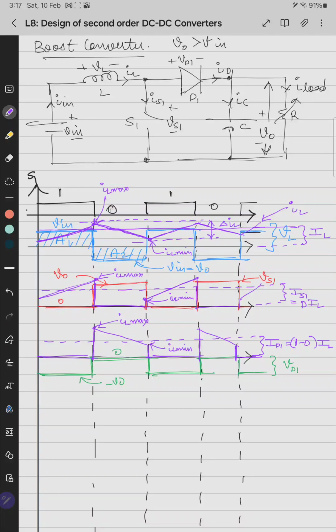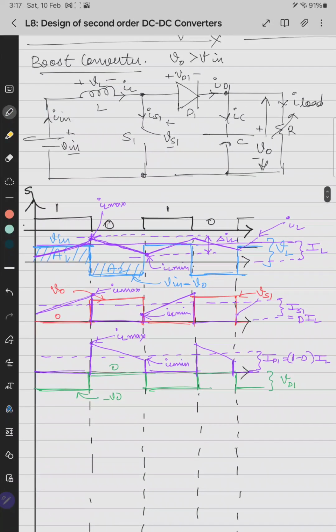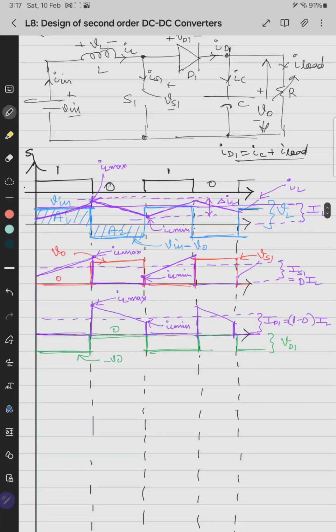Now comes the last element, that is the capacitor. We start with the capacitor current. We know that the diode current ID1 equals IC plus I load. Again the same: this is I load, constant, and ID is this, so its average value goes to the load. So the waveform of ID will be shifted in such a way that its average value is 0.